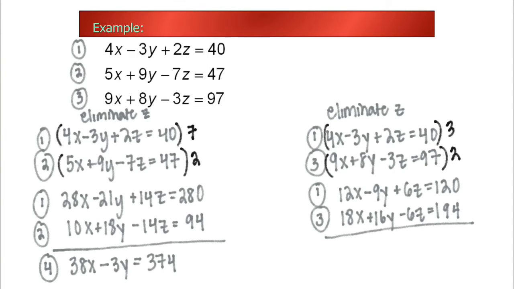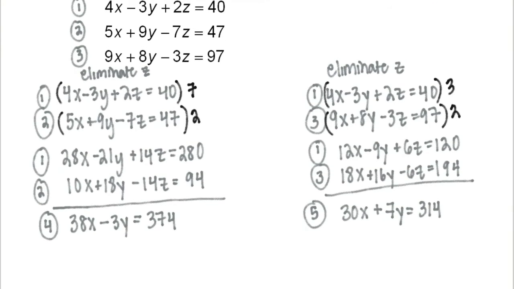So far I haven't had to pick up a calculator. So far so good. Adding gives 30x plus 7y equals 314. And that is a new equation 5. I might need to pick up my calculator here because I have to take equation 4, 38x minus 3y equals 374.